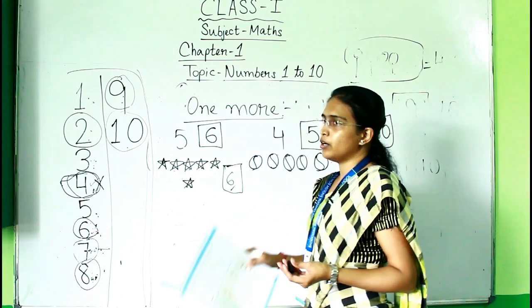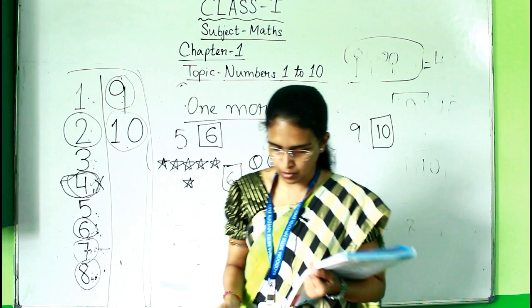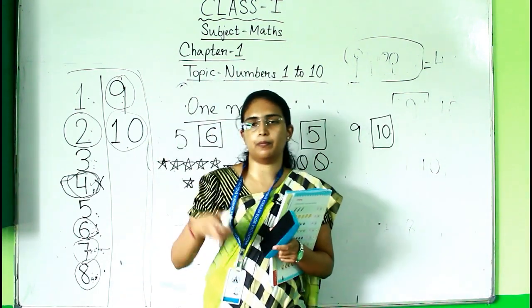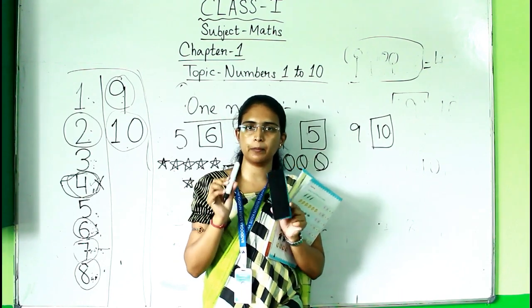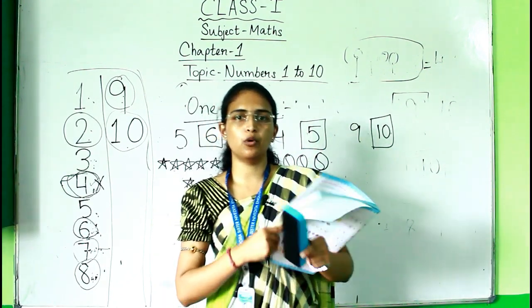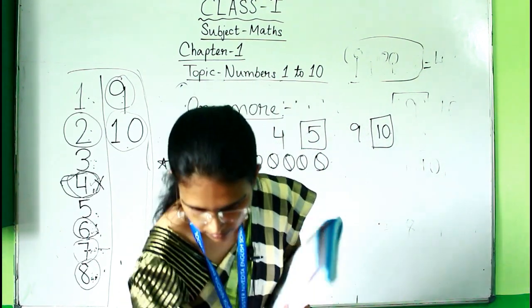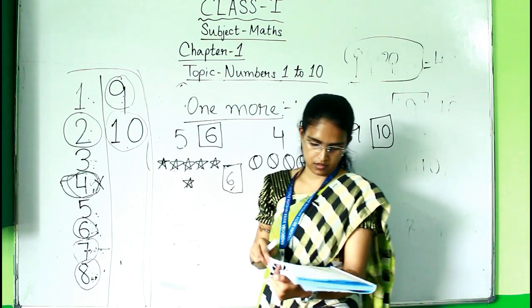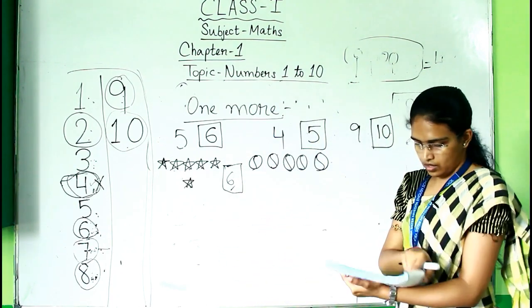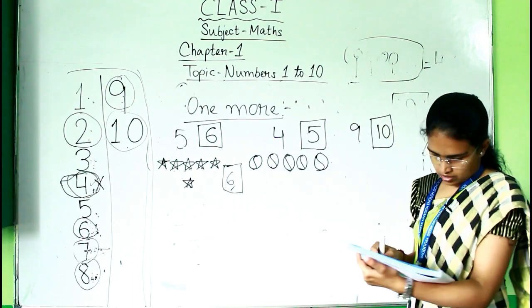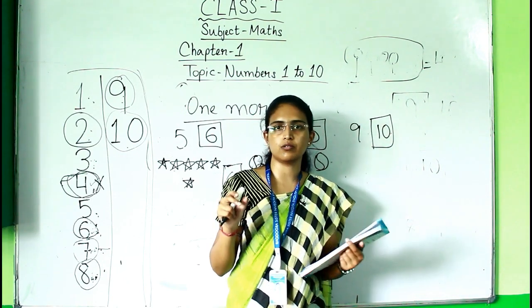Now after that, we learned about making pairs. And what is making pairs? Suppose I have a marker pen and a duster. These two make a pair. A book and a copy make a pair. After this we learned the concept of zero.